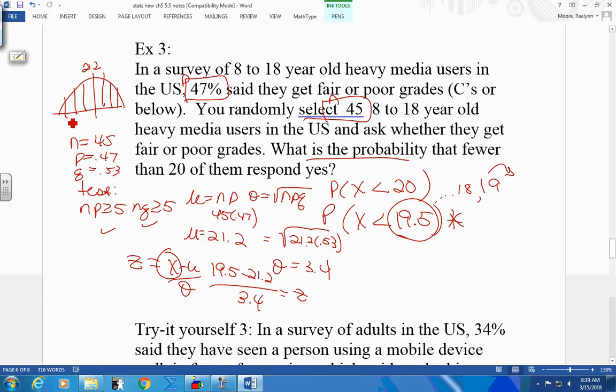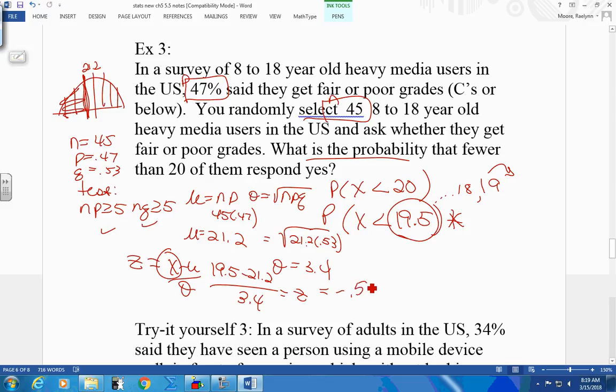So where is my 19.5? Somewhere over here, and I want it to be less. Is my area going to be greater than 50% or less than 50%? Less than. So I would really like just a crude sketch like that is fine. Just so that you get perspective on what you're looking up. So your z-score comes out to be negative 0.5.